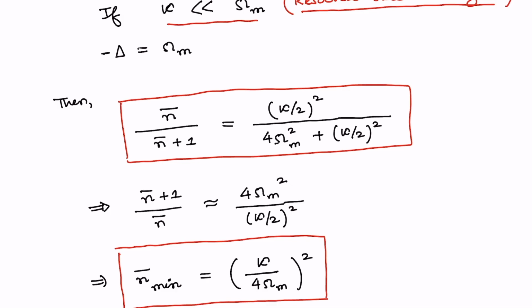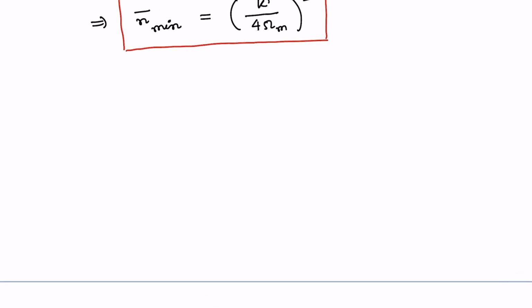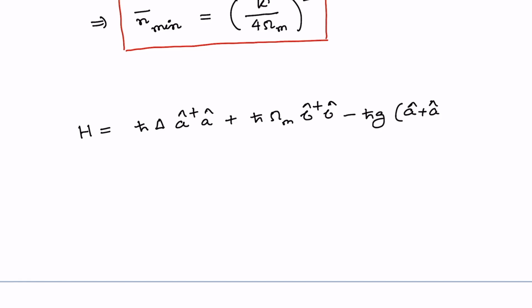Now, having studied the ground state cooling of the mechanical oscillator, let me go back to the linearized optomechanical Hamiltonian once again to understand some more optomechanical phenomena. We have the Hamiltonian in this form: H is equal to ħ delta a dagger a plus ħ omega m b dagger b minus ħ Z (a plus a dagger)(b plus b dagger).